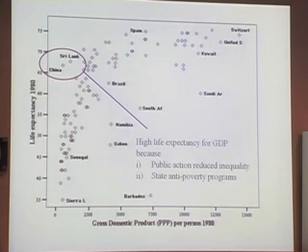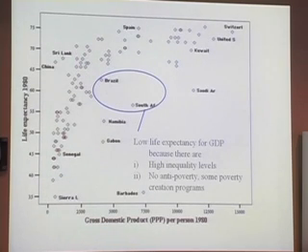At the same time, outliers on the other side, Brazil and South Africa, are very easily explicable as being high inequality countries, with governments, in the case of Brazil, not implementing anti-poverty programs. In the case of South Africa at this time, 1980, implementing what we could call poverty programs, creating poverty.